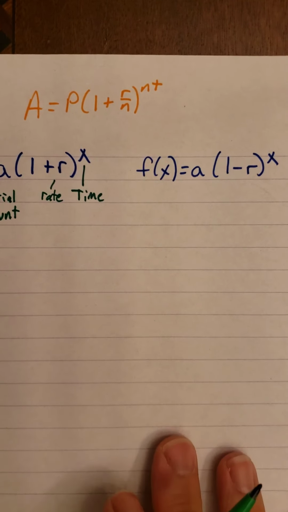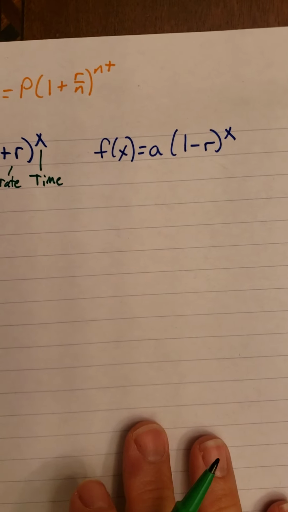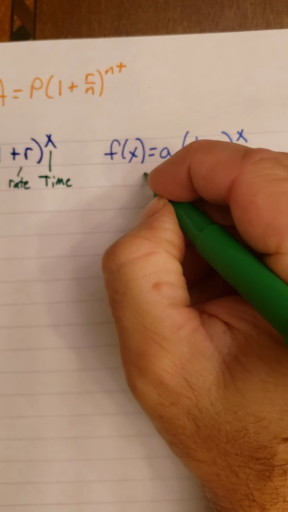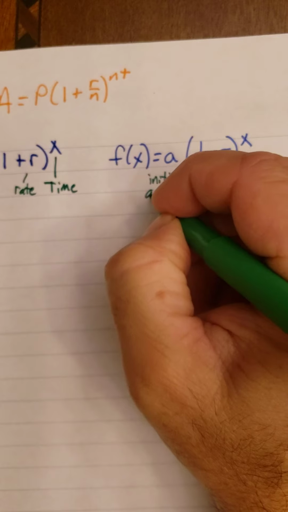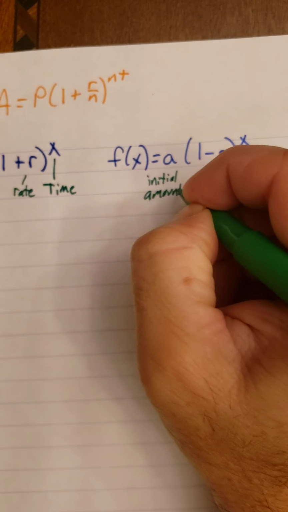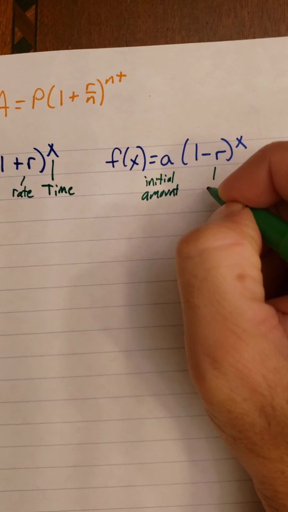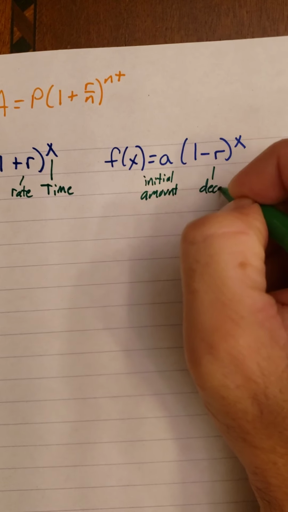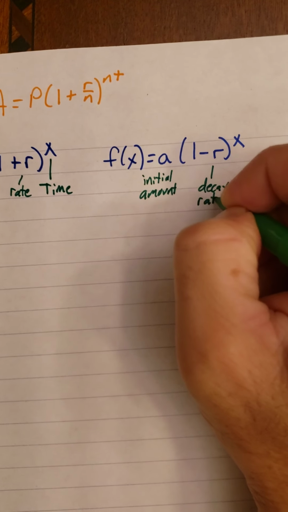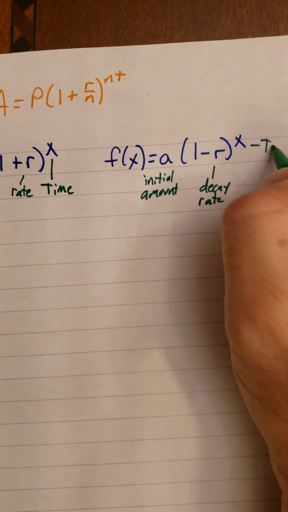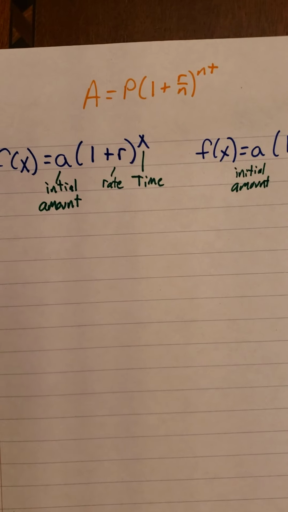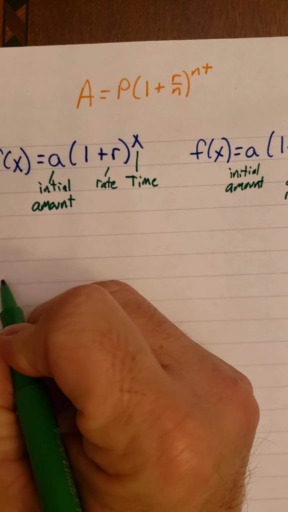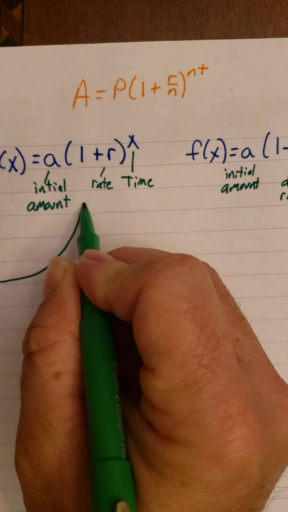Now with exponential decay, it's going to look the same way. You've got initial amount is A. This is your decay rate. So how something's going down. And again, this is your time. Now when you're looking at graphs, exponential growth will look basically like what we were looking at before.